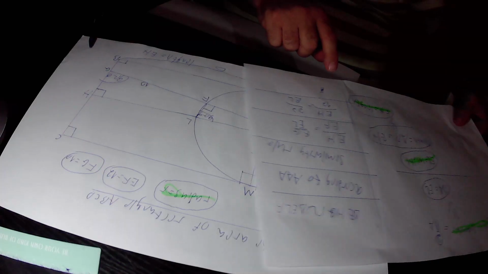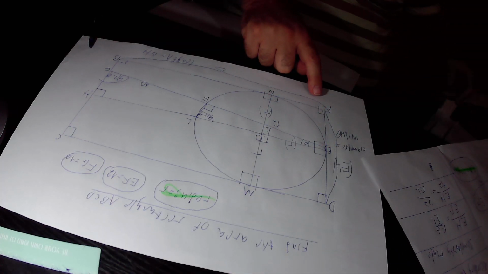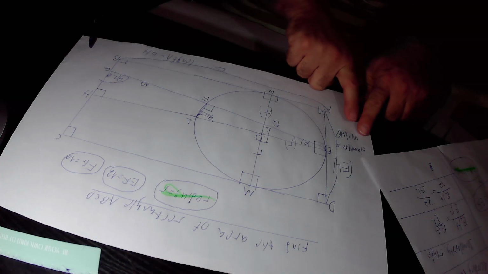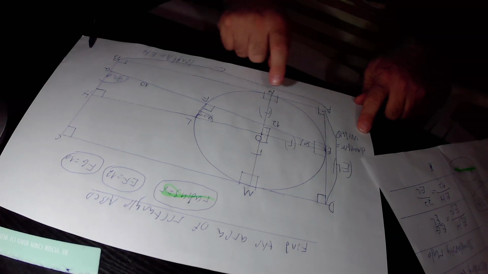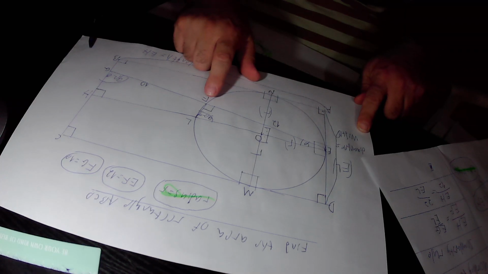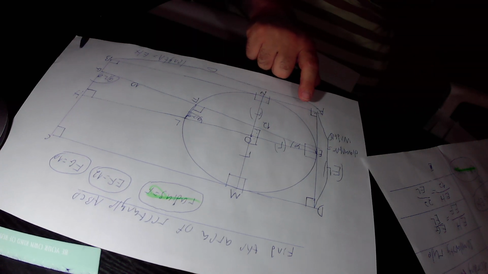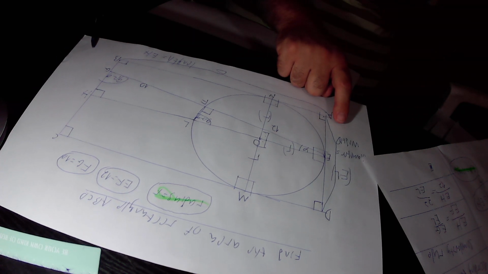because of the fact that the diameter is also the width, we derive that the width is also equal to EL. Because EL is the diameter of the circle, and the width is the diameter of the circle.